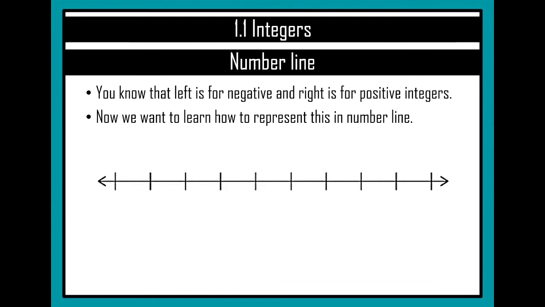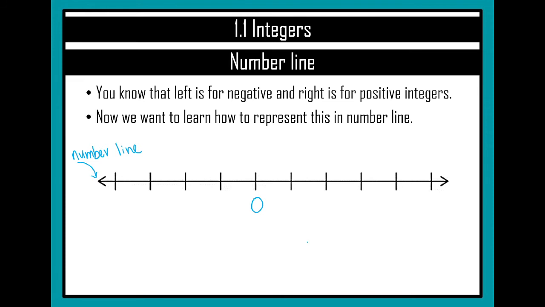Now we already know that the left side is for a negative number and the right side is for a positive number. We want to learn how to represent them on a number line. So we know there's a line here for us, and this line is what we call a number line. I'm going to use an example. The easiest one is I put a 0 somewhere in the middle of this number line.